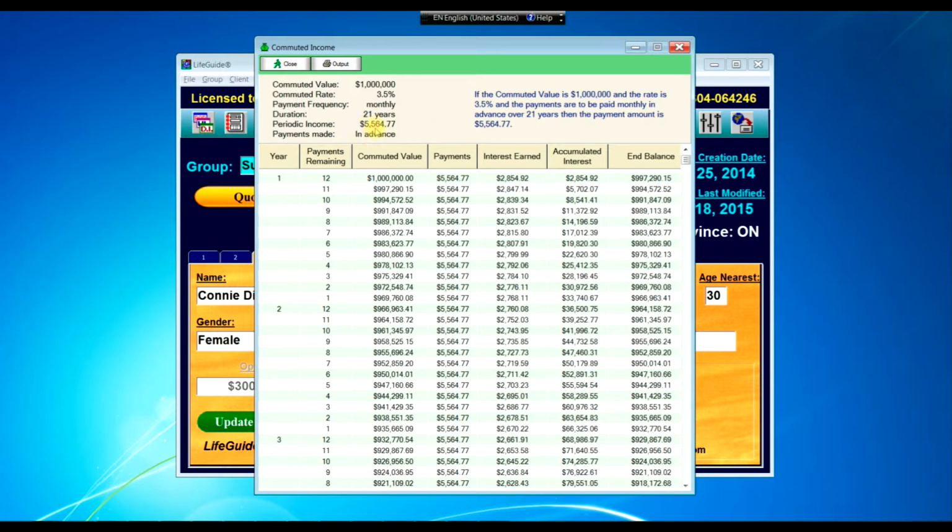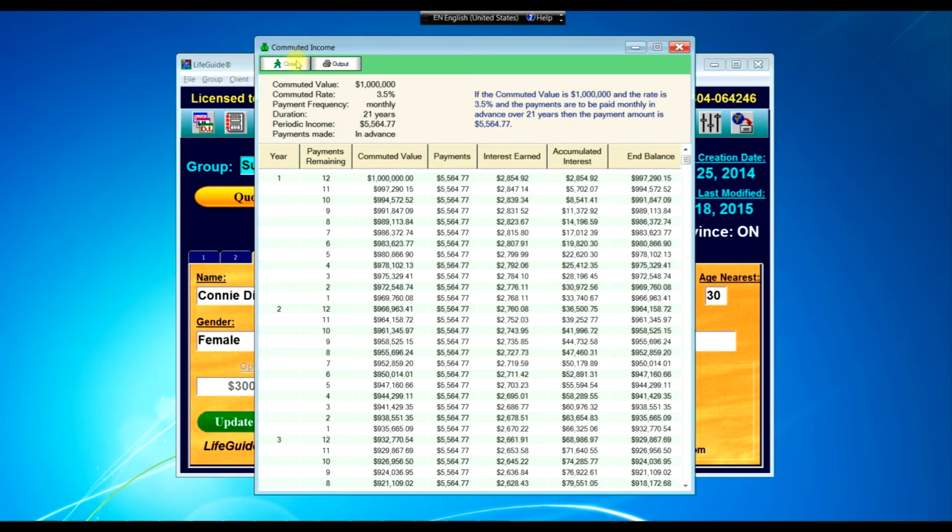We can put them at the end of the month, and it will be a slightly larger amount, but not much. And here it is in the narrative. If the commuted value is $1 million, and the rate is 3.5%, and the payments are to be paid monthly in advance, meaning at the beginning of each month over 21 years, then the payment amount is $5,564.77.